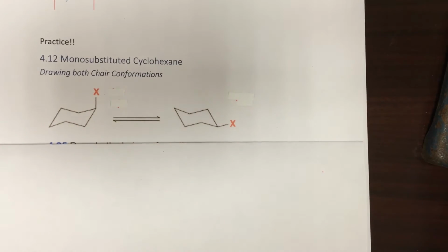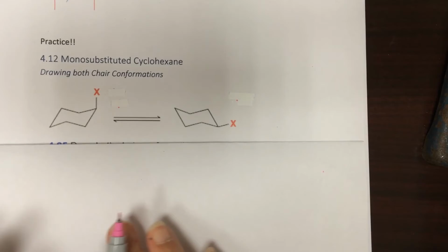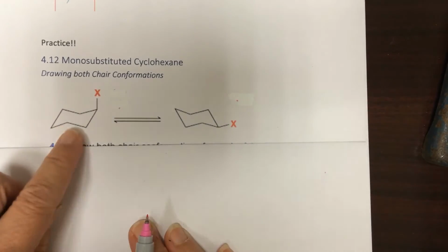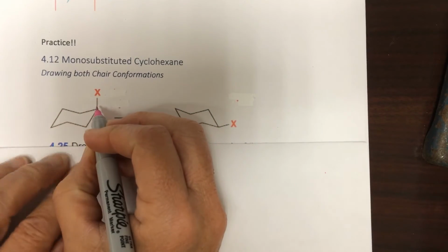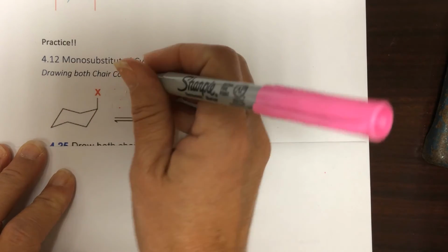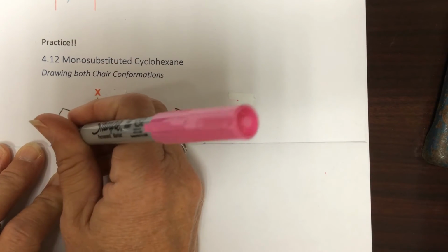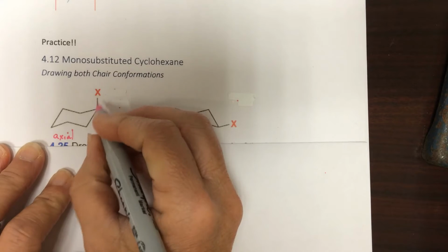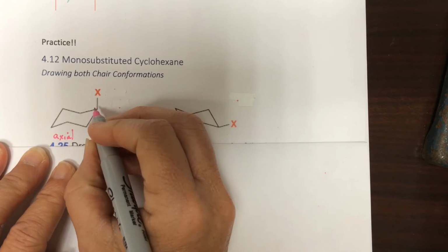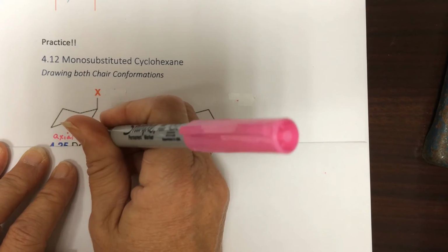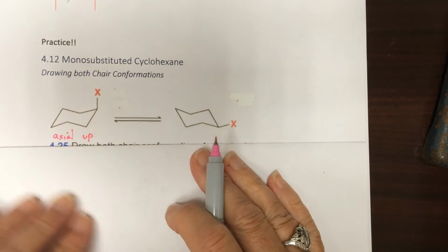Monosubstituted cyclohexane. So here we have a monosubstituted cyclohexane. It's got an X right here. This is in the axial position because it goes straight up and down, and it's in the up because that's the up direction.